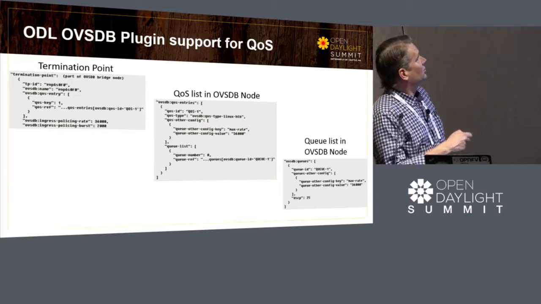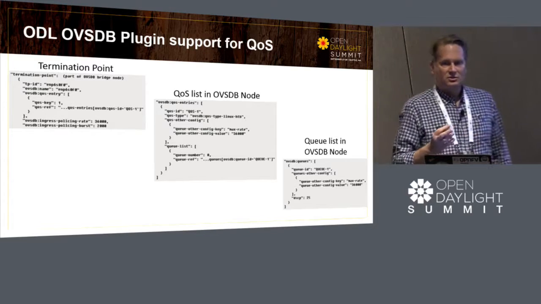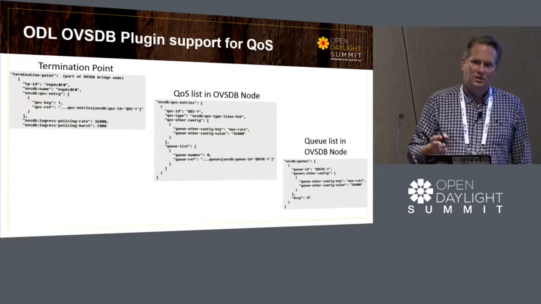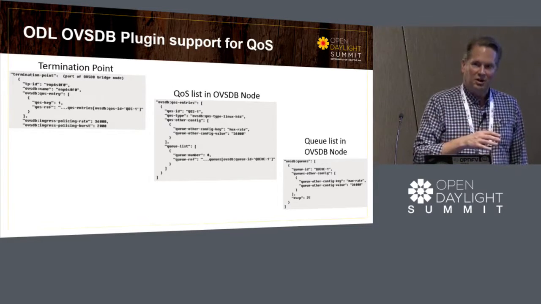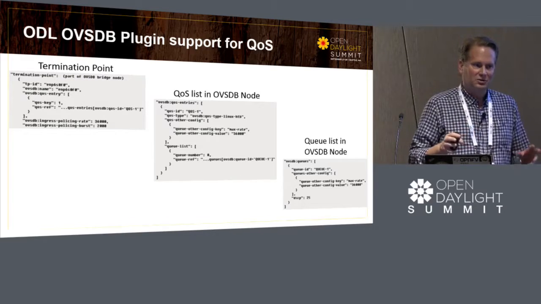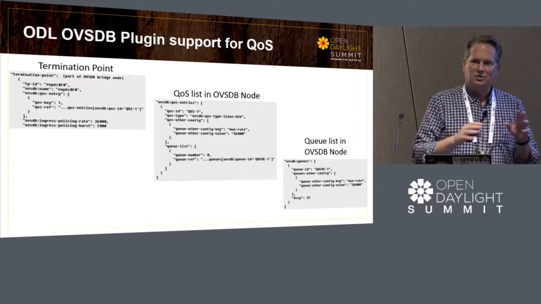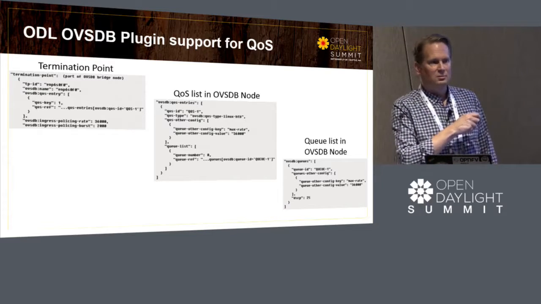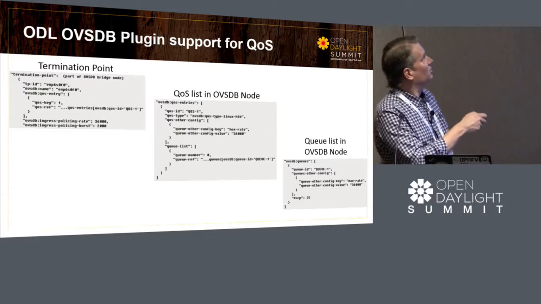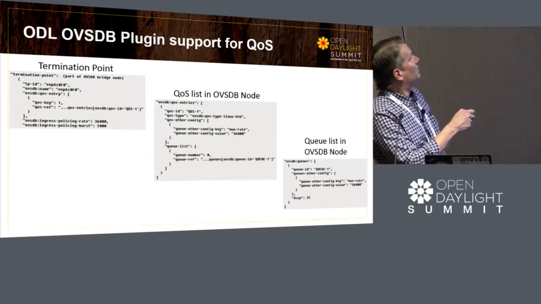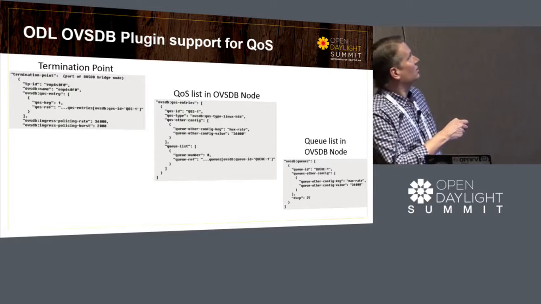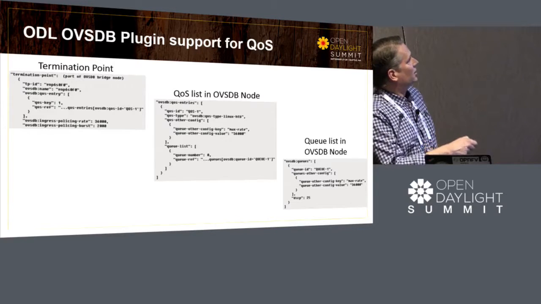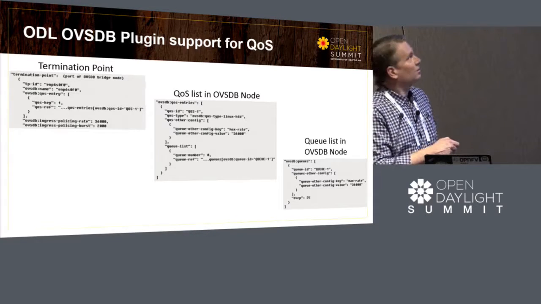And then the termination point is an augmentation of the topology model's termination point, and it's associated with the OVSDB bridge model, where the bridge is also an augmentation of the node model. So in the termination points for OVSDB bridges in the MDSAL model, you can add QoS entries, and it's basically a reference to the OVSDB node.